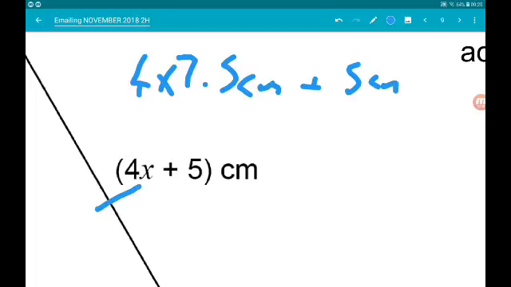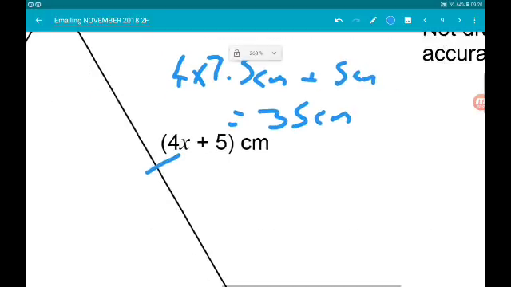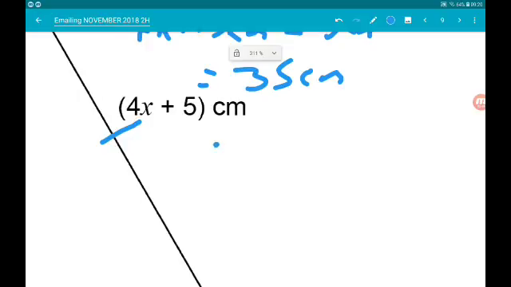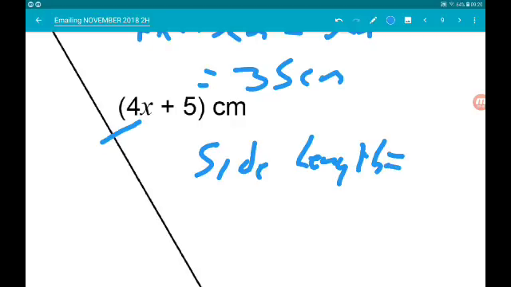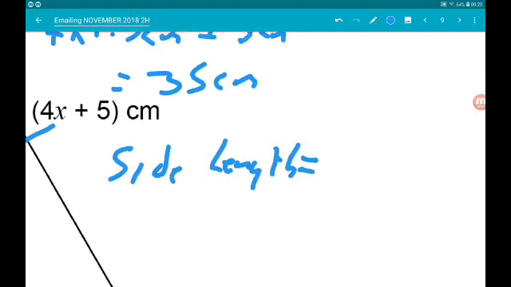35 centimetres. So side length is 35 centimetres.